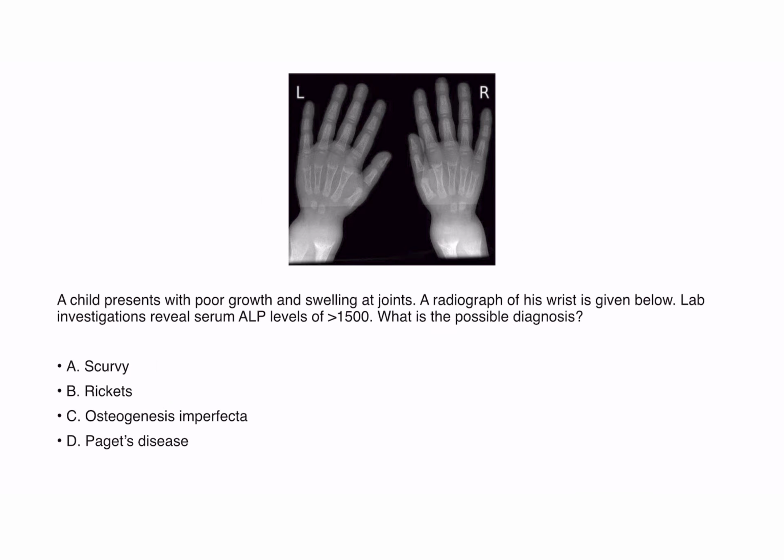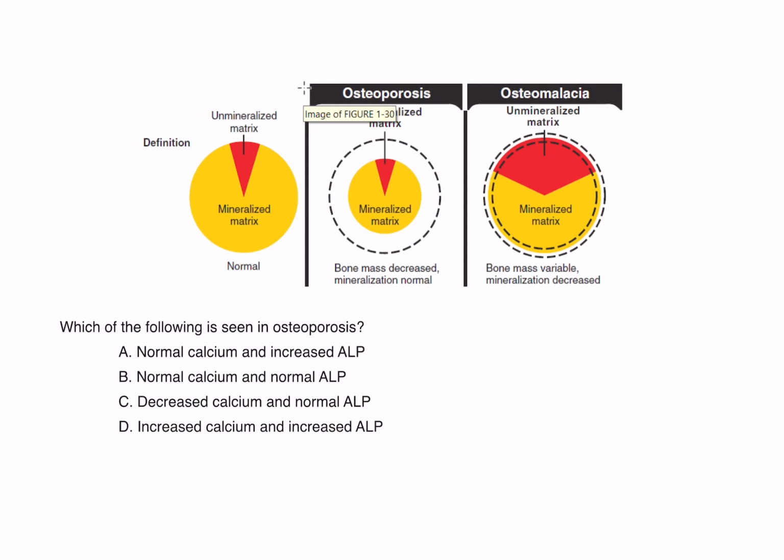Okay. See, osteoporosis, the diagnostic test is a DEXA scan. By lab investigation, it is very hard for you to diagnose osteoporosis, because osteoporosis is a bone mass problem. It is not a mineralization problem.